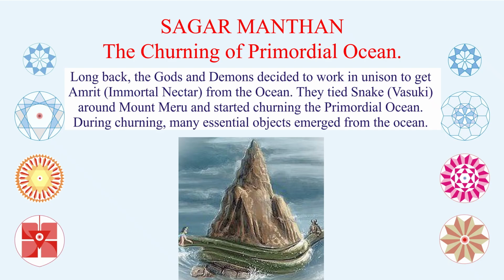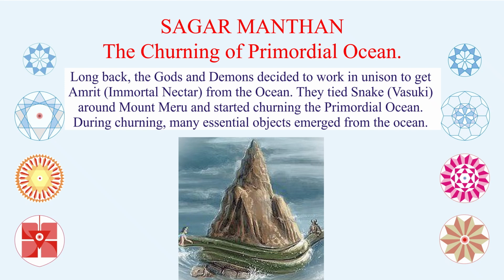So let me say, long back the gods and demons decided to work in unison to get Amrit, the immortal nectar from the ocean. That was the prime objective, because all wanted to live for years together and not suffer from any disease and become very powerful, both gods and demons.